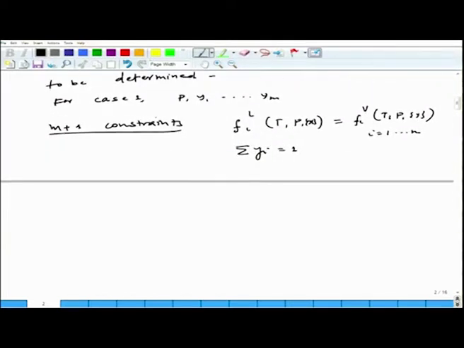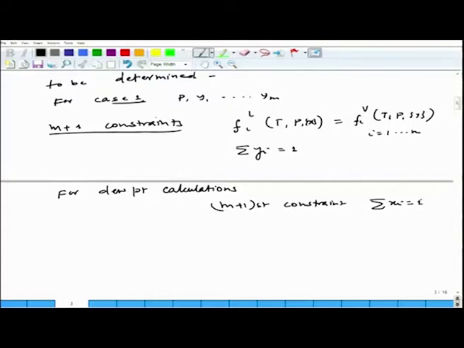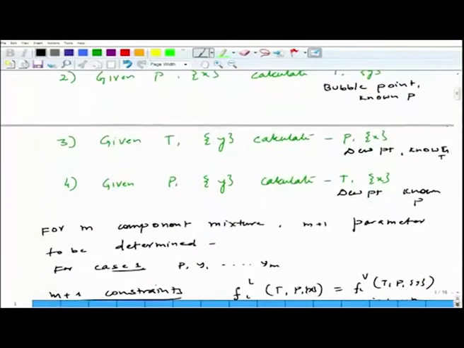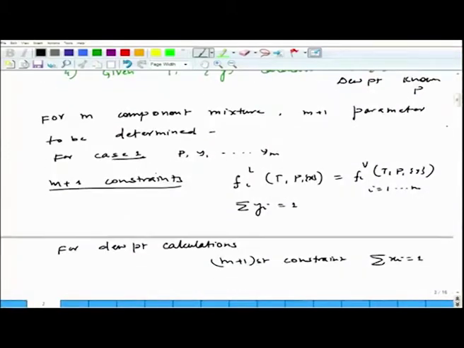Now, similarly for dew point calculation, so this was for bubble point calculation. For dew point calculation, that means cases 3 and 4, the m plus 1 constraint is summation x_i equal to 1, right. Now, let me write down the equations so that I can make use of them later.